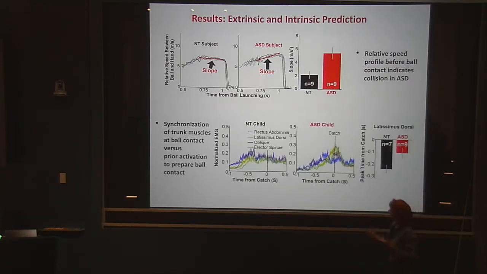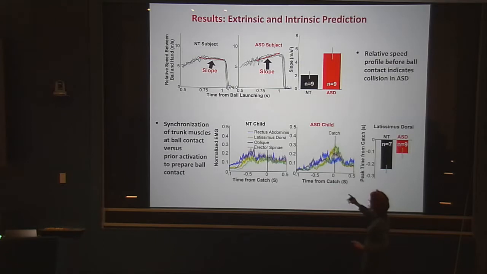Then here is some exemplary data from EMG, from muscle activity. Here the NT child shows four different muscles, front and back. The vertical line is the moment of catch, and you can see some elevated activity approximately 400 milliseconds prior to catch, and then relatively low-level controlled activity.